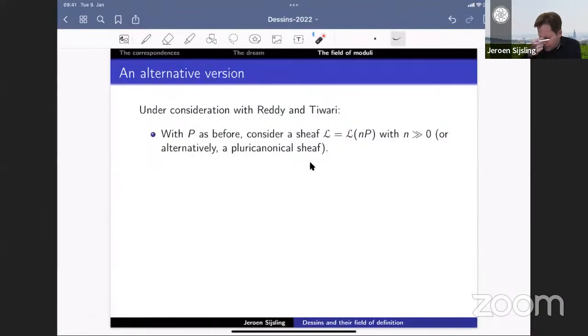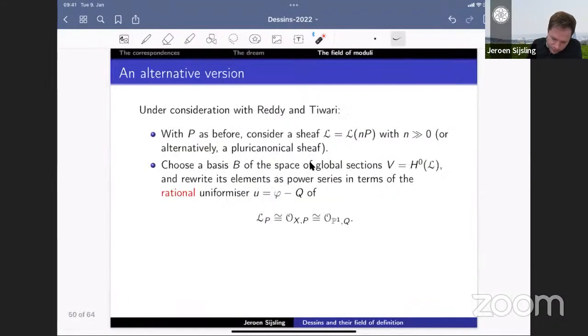There's an alternative version which I'm now looking at with Harsha and with Devendra, which is sort of similar, but a bit more canonical. You take P as before, and you consider a sheaf, which I call L. It's just a sheaf obtained by taking multiples at P. You may also want to take a plural canonical sheaf.